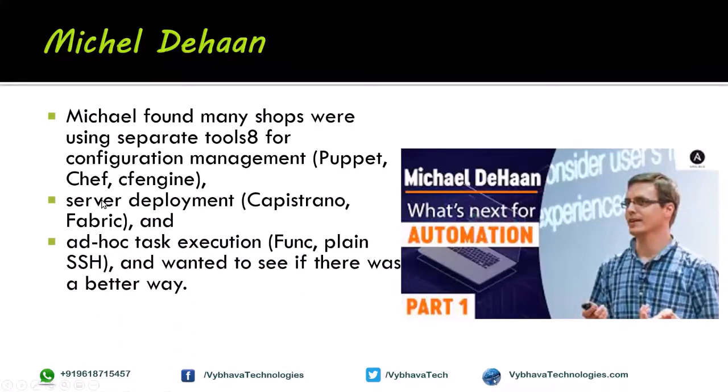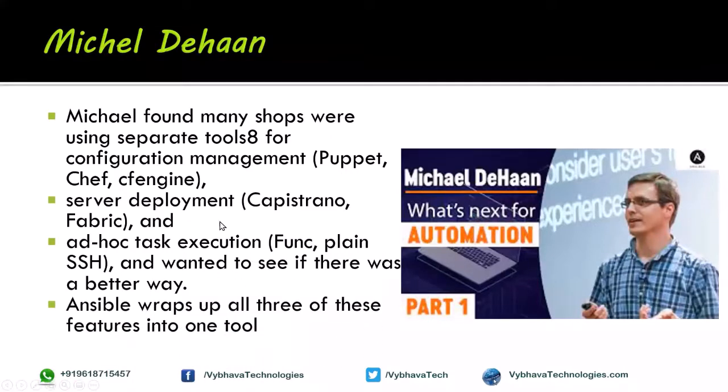For ad hoc tasks, that is, executing any commands, you can use plain SSH and communicate that way. So from these three things, he wanted to make one software. Ansible wraps up all three: configuration management, server deployments, and ad hoc commands.